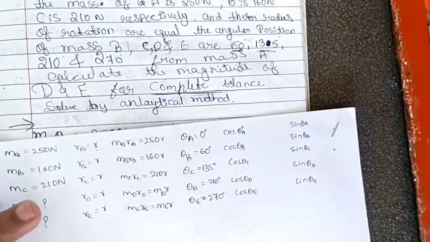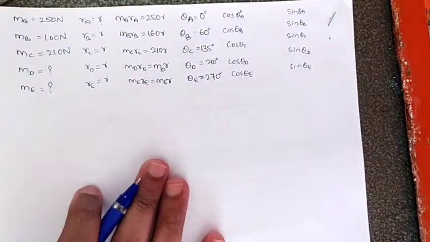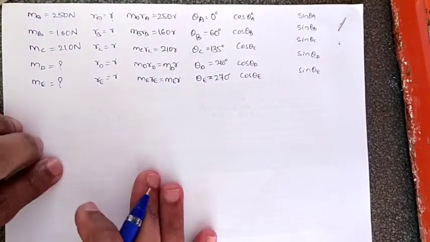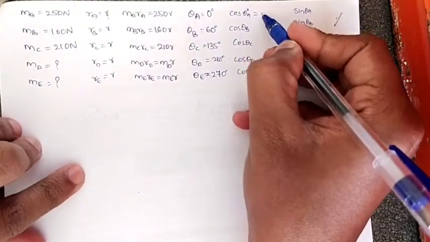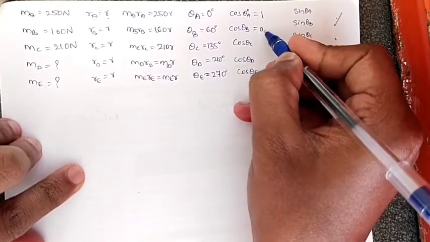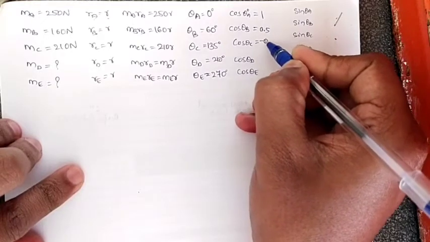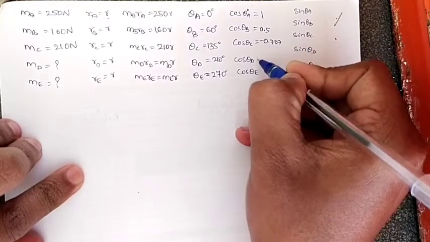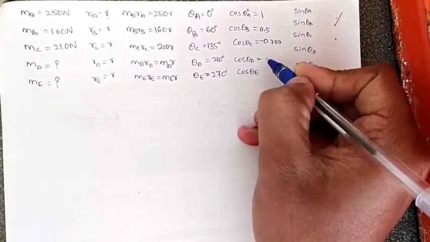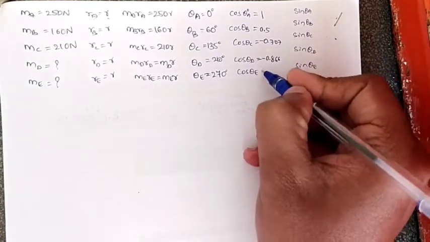So now take the values. Cos of 0 degrees is 1, cos of 60 degrees is 0.5, cos of 135 degrees is minus 0.707, cos of 210 degrees is minus 0.866, and cos of 270 degrees is 0.